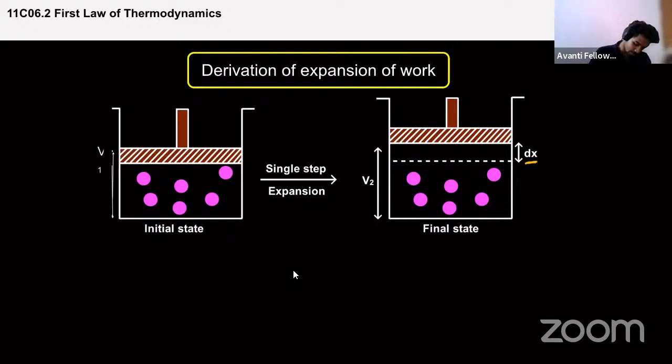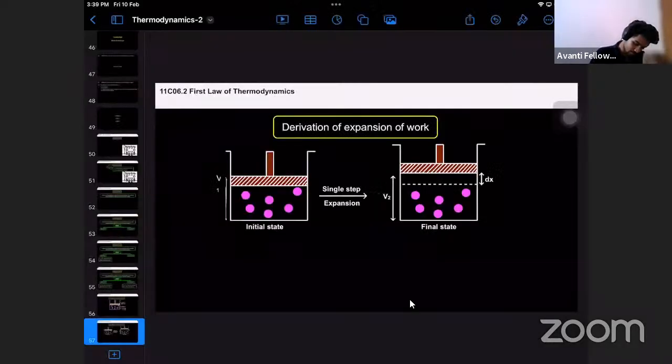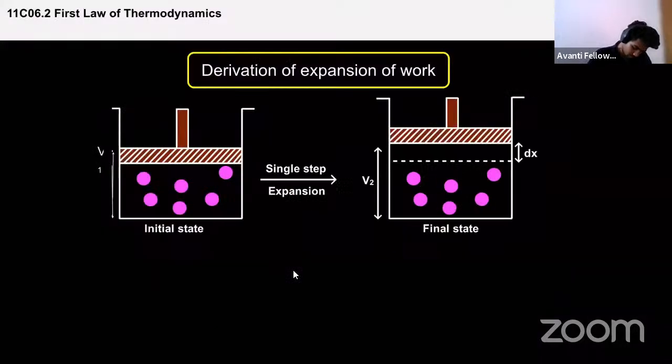This is V1, and after expansion the volume has increased. Work is nothing but pressure into change in volume. We keep the pressure constant and increase the volume to keep the pressure constant. This is the work done on the system.